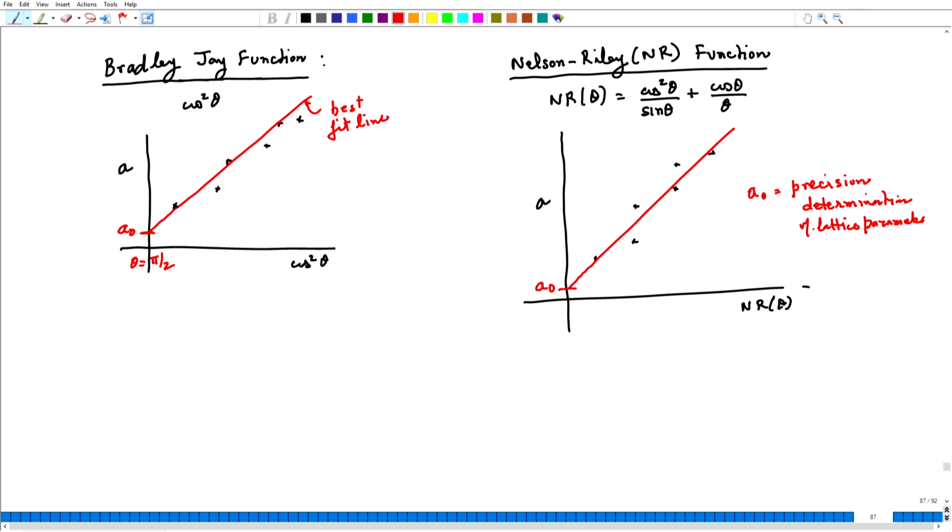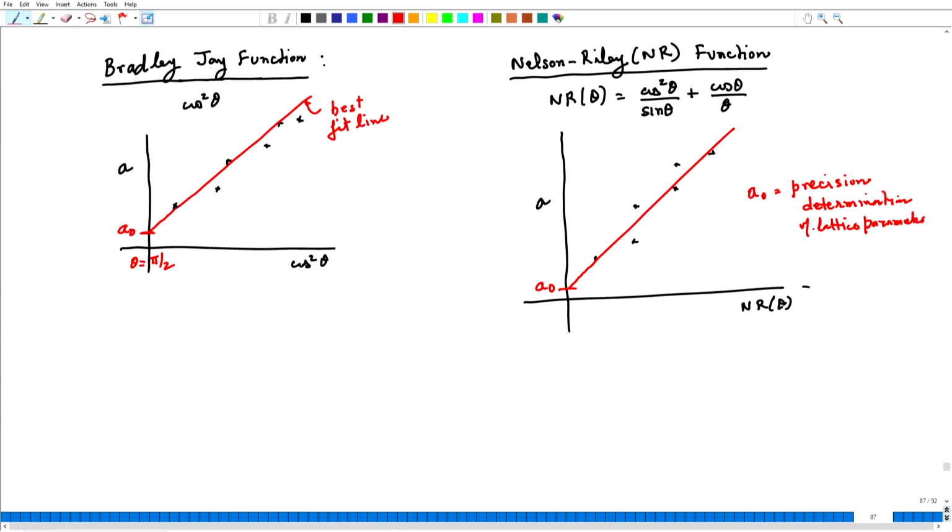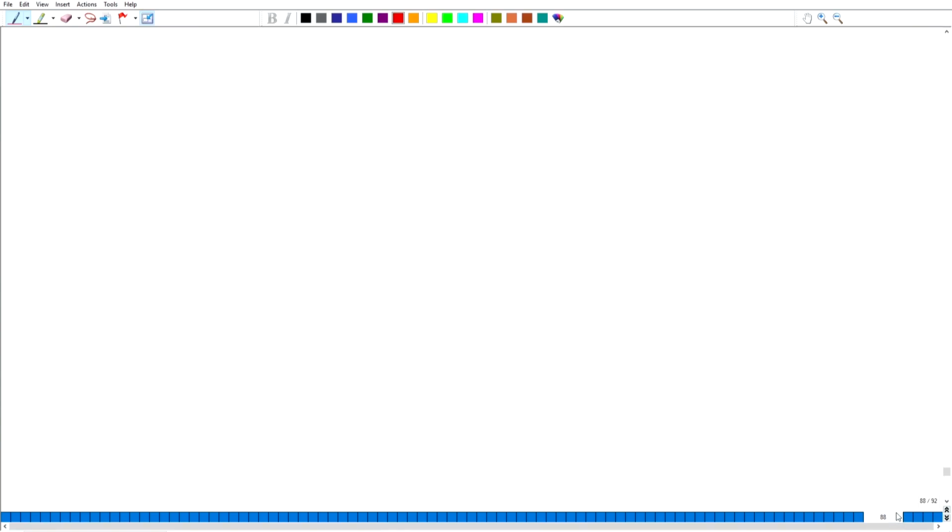So, from the lattice parameter value, search which element it is in the periodic table by matching its crystal structure, which is face centered cubic, and matching the lattice parameter to determine which material it is from which we got the diffraction pattern.